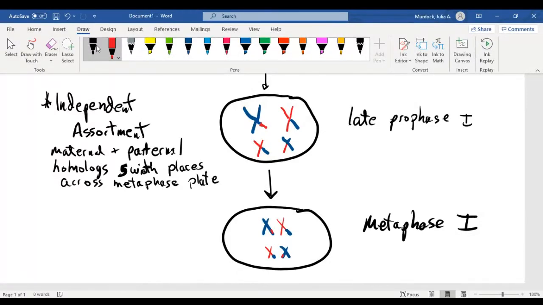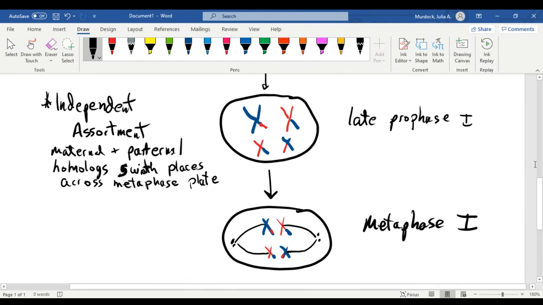All right, so now you have spindle fibers that are going to come in, because spindle fibers need to attach, and you still have the centrioles here. Spindle fibers attached to those centromeres. There's the spindle fibers. There's metaphase. Again, very different than mitosis, because with mitosis, those chromosomes line up as singletons, right?